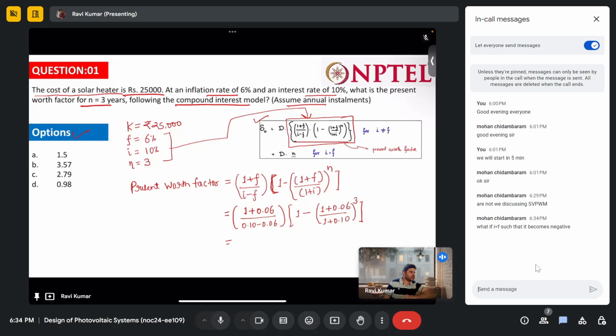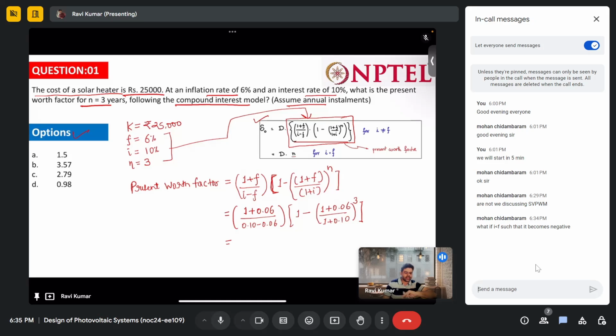What if I is less than f such that it becomes negative? Okay, we will do that as well.